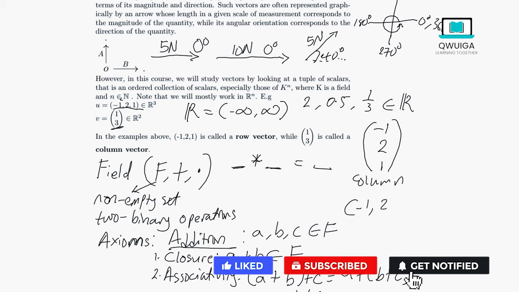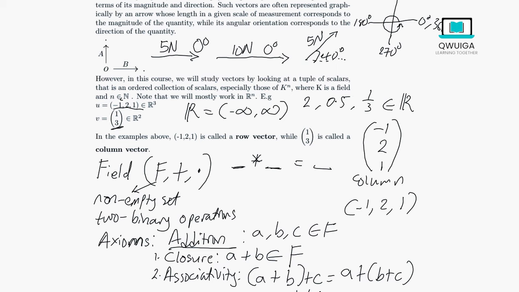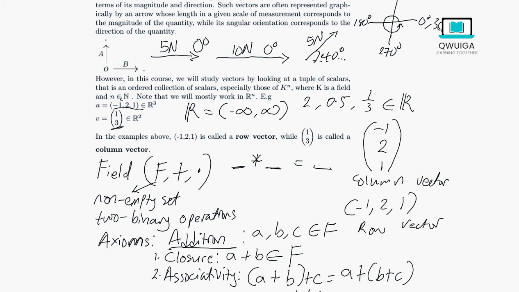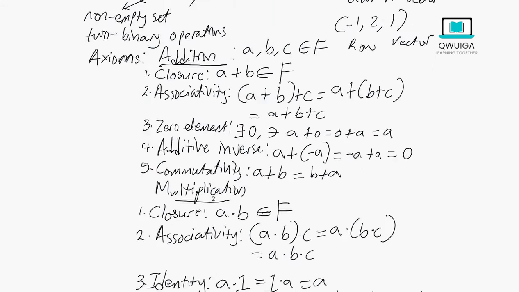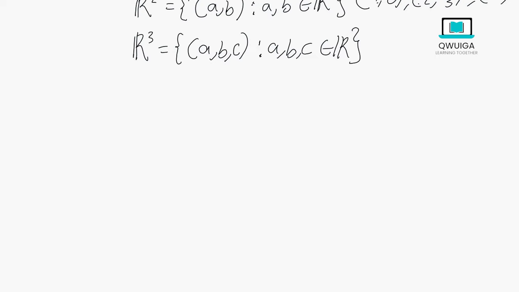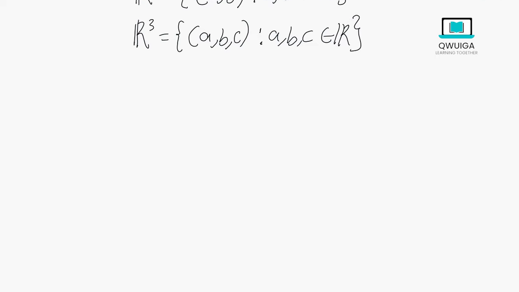Now, what's the relationship between this kind of vectors and the vectors in physics? Remember that when you want to carry out operations on vectors in physics, you can consider a vector as emanating from a particular origin (0, 0).